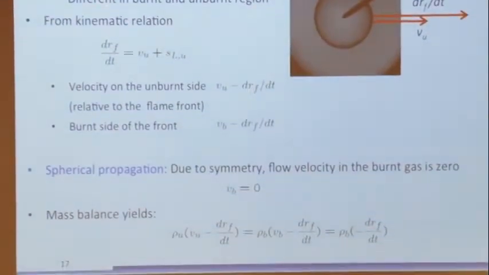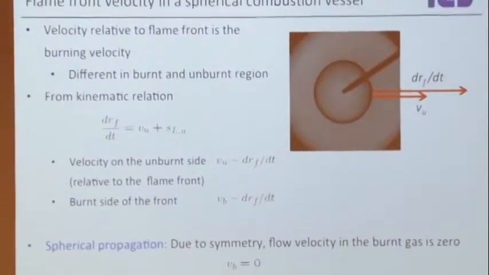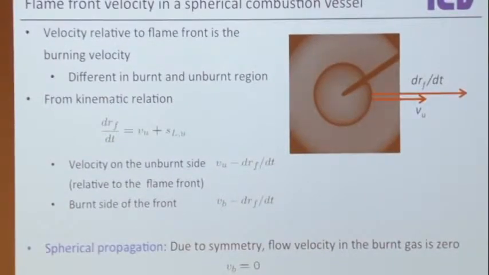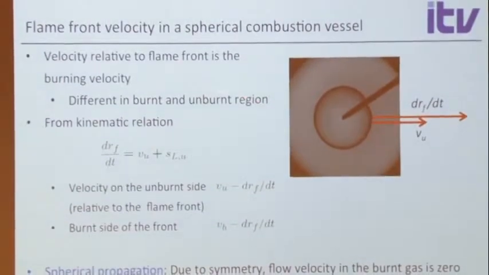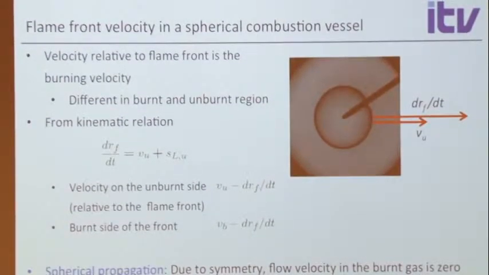So this velocity is different in the burned and the unburned region. And using this kinematic relation, we can write it both in the burned and the unburned region. You see then the velocity with respect to the unburned is the rdot minus VU, or the opposite of this, which is shown here also.